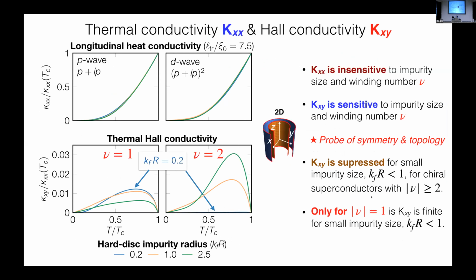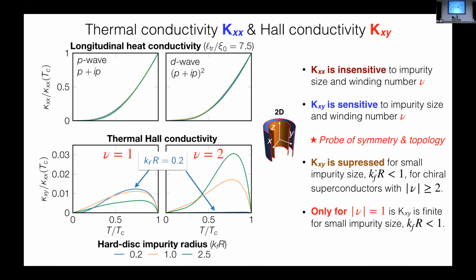So here are some results on the longitudinal and Hall conductivities for a chiral P-wave and a chiral D-wave superconductor. And I think the highlight here is that the longitudinal conductance is really insensitive to the impurity ionic radius or the winding number. But by contrast, the Hall term is quite sensitive to both the symmetry and topology.